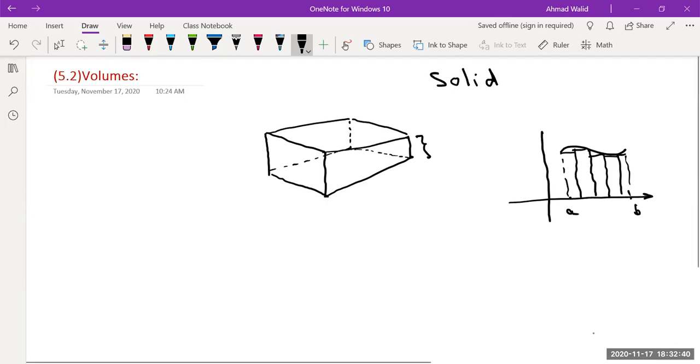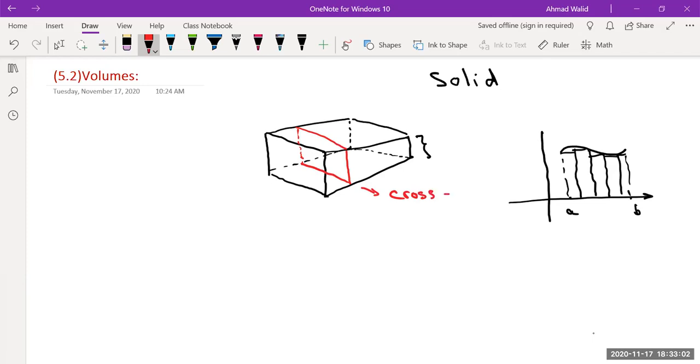Let's think about this. Let me use a different color. Let's take a small slice, or let's do a cross section in our object, right? When you cut an object, we call it a cross section, right? I did here what?